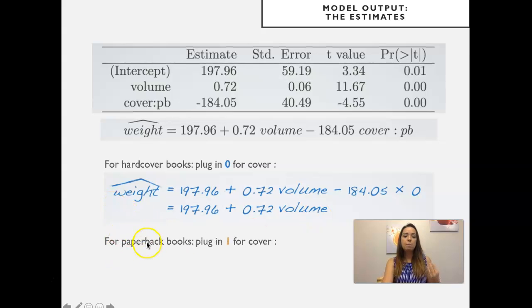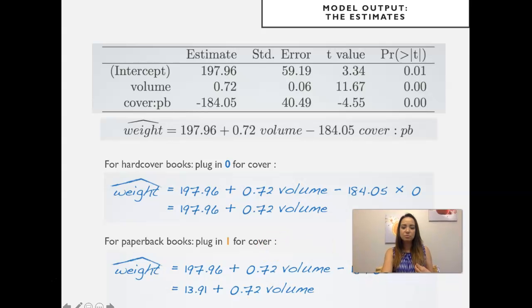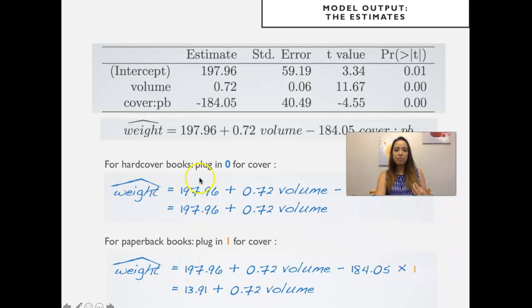Now for paperback books, I'll plug in 1 for cover. So this number will continue here, and we will have the same general intercept plus 0.72 volume minus 184.05 times 1, which is just this value.